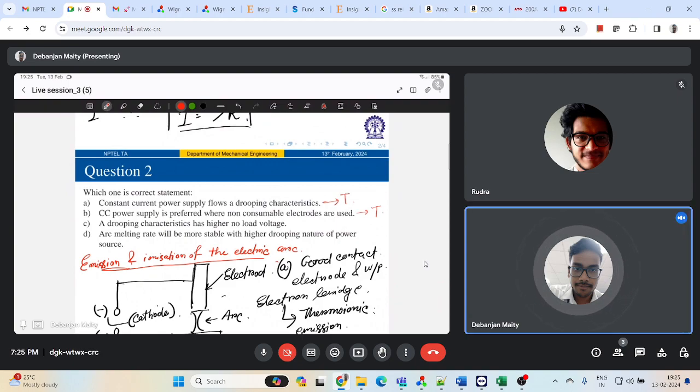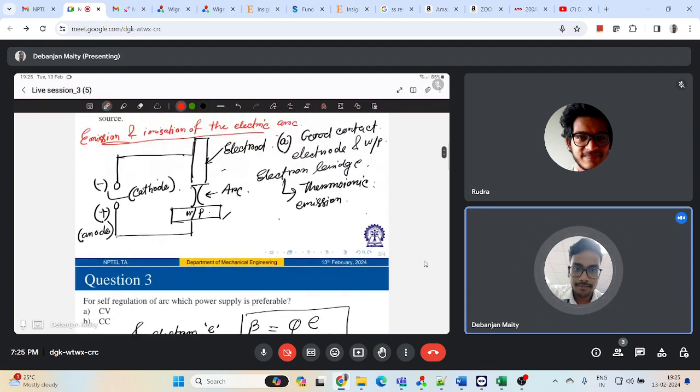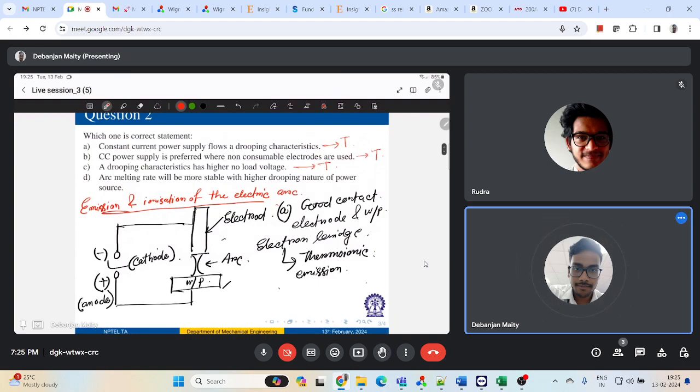Then it says a drooping characteristic has higher no load voltage, which is also true. And my arc melting rate will be more stable with higher drooping nature of power source. So this is actually false.